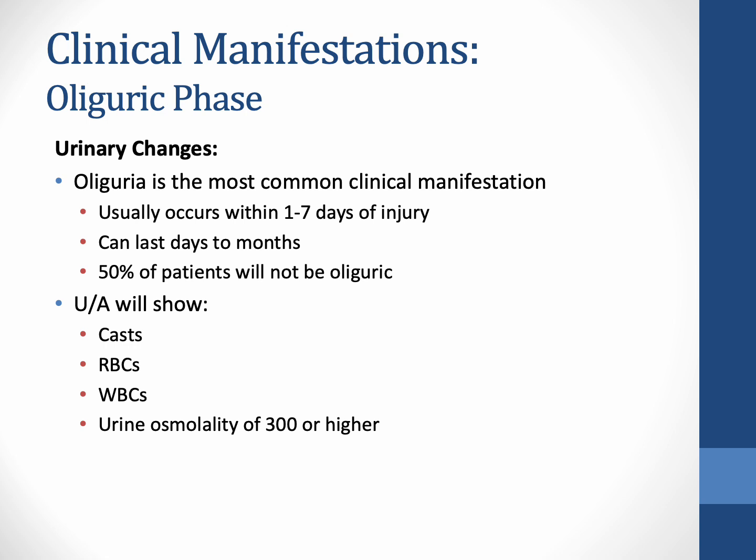And white blood cells in the urine indicate inflammation or infection in the urinary tract. Often 300 milliosmoles per kilogram or higher of urine osmolality indicates impaired kidney concentration ability. Some patients may have normal urine output, but still fail to filter out waste products adequately. This is known as non-oliguric phase.